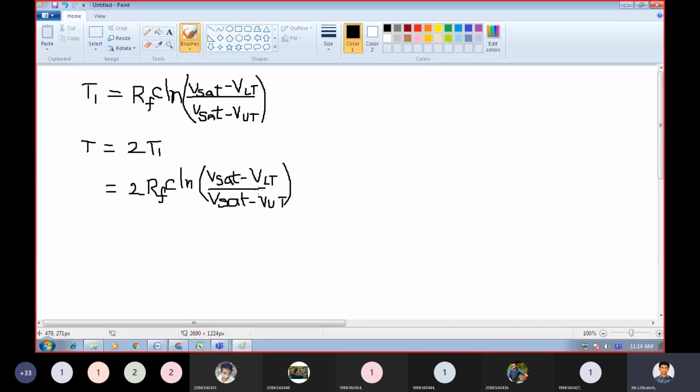This is the total time required for one oscillation.